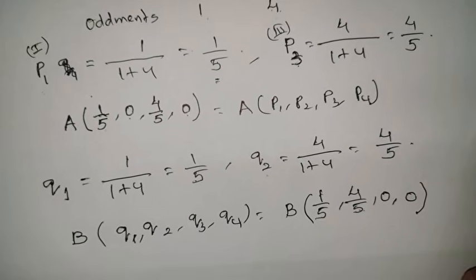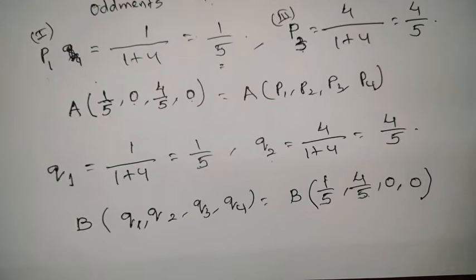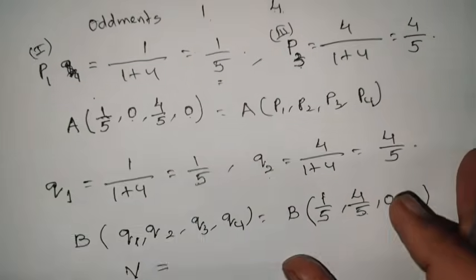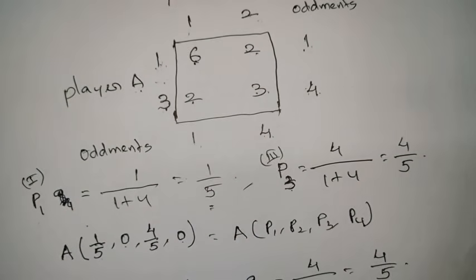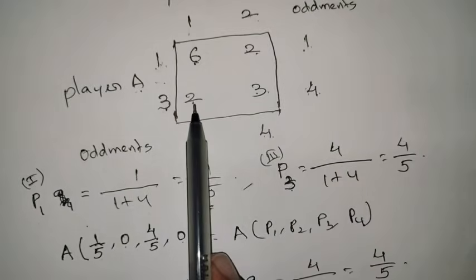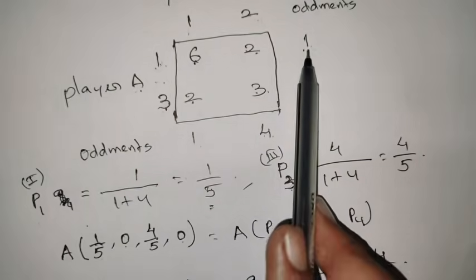And finally we need to find the value of the game. So the value of the game is represented by V is equal to. How to find the value of the game? We know that 6 into 1 plus 2 into 4 by 1 plus 4.